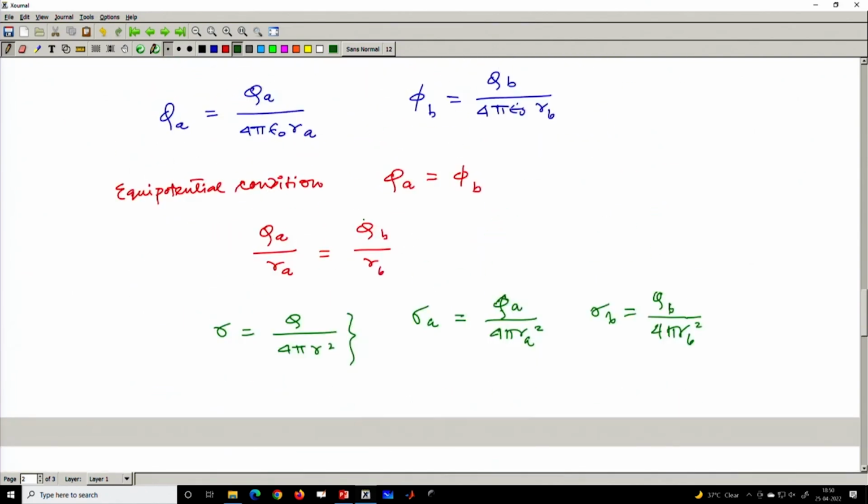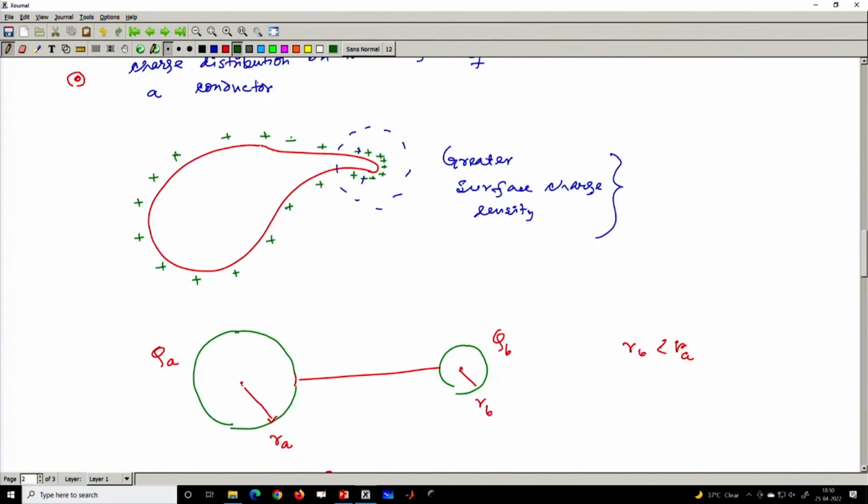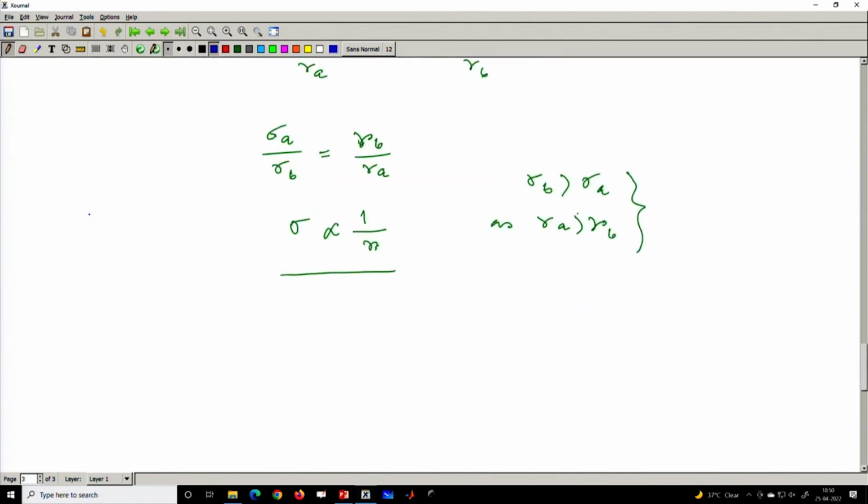Now, because the charge is distributed on the surface, I should also have an electric field associated with it, which is along this direction. That depends on sigma, because the electric field E is sigma divided by epsilon 0 with unit vector n. This is in the vectorial form.